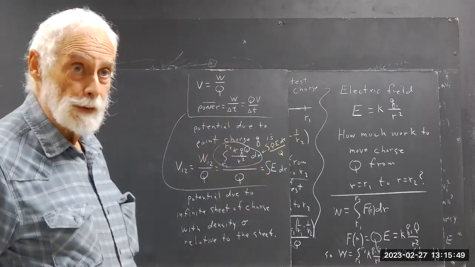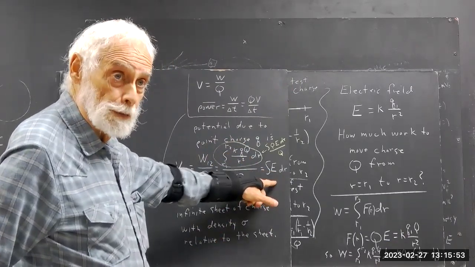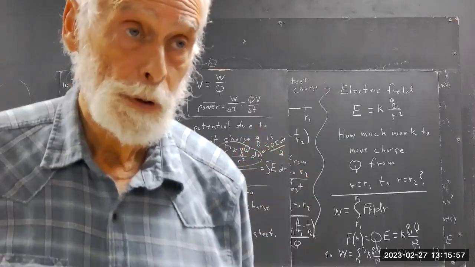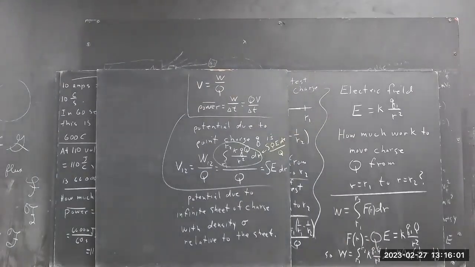You're going to want to do this one in terms of the electric field of that sheet of charge, which you ought to be able to work out using Gauss's law instantly. Maybe not, so I'll give you a minute to puzzle on it, and then I'll re-explain that, because that's something we just learned last week.